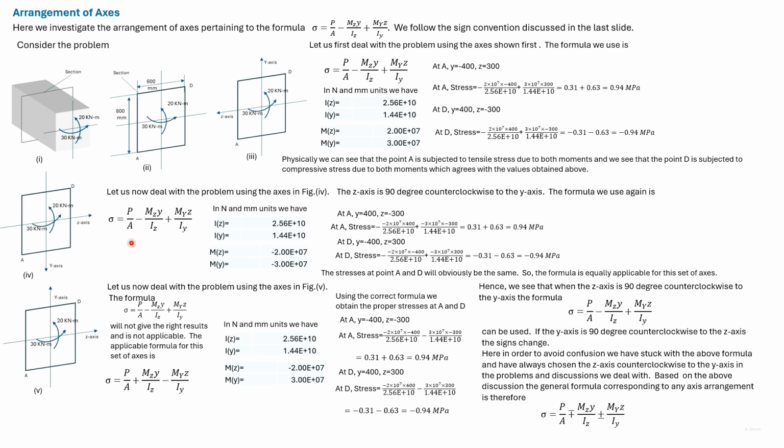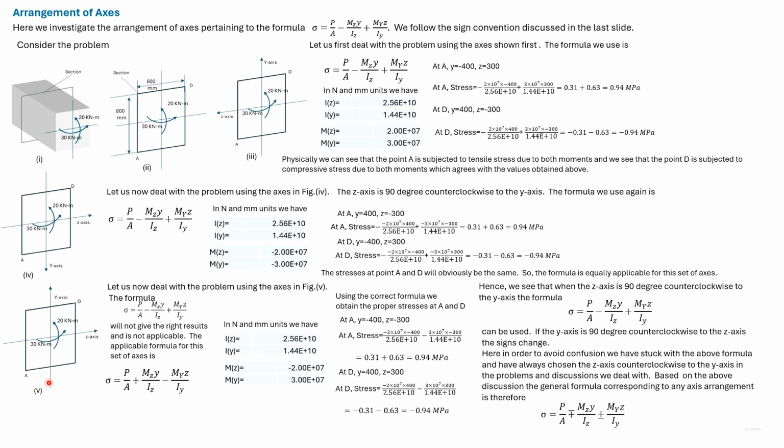We again use this formula to find the stresses at A and B. At A, we find the stress to be positive due to both moments, and at B, we find the stress to be negative due to both moments. So this formula is applicable for this set of axes.